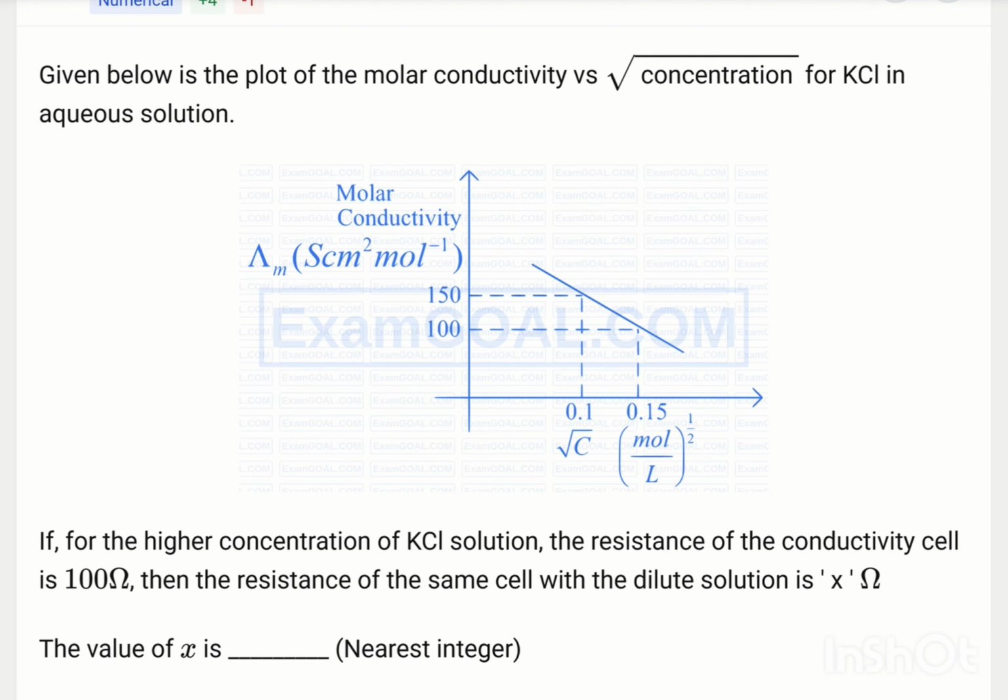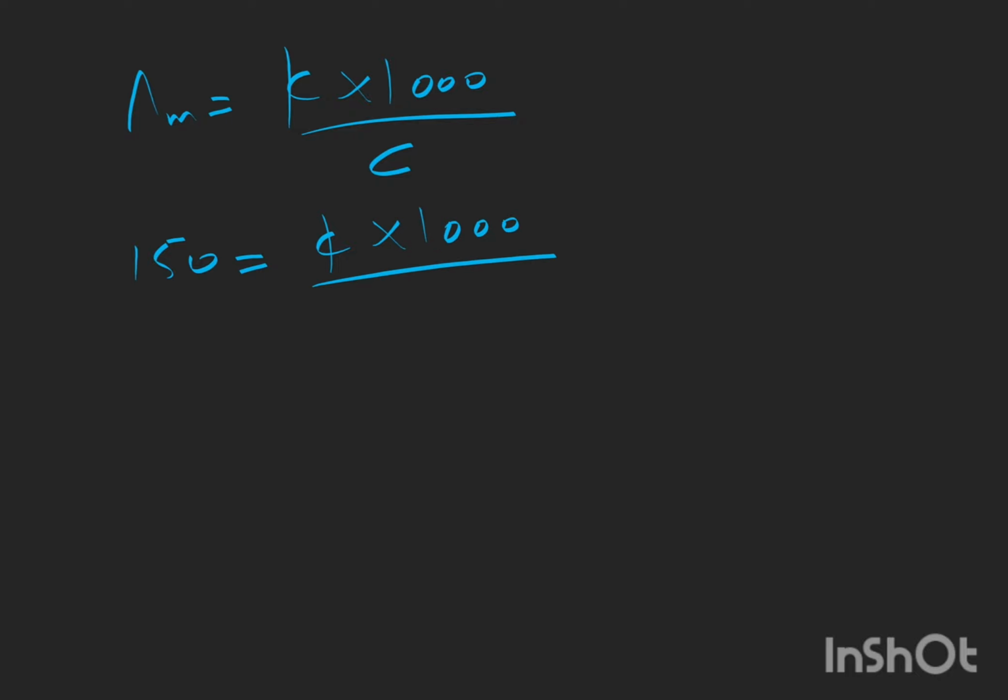Now, for the second concentration, 150. So, for 150, again, lambda m is equal to kappa into 1000 upon C. That means 150 is equal to kappa into 1000 upon 0.1. That means kappa is equal to 0.15 upon 100.